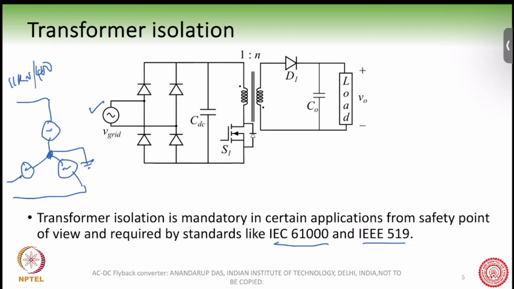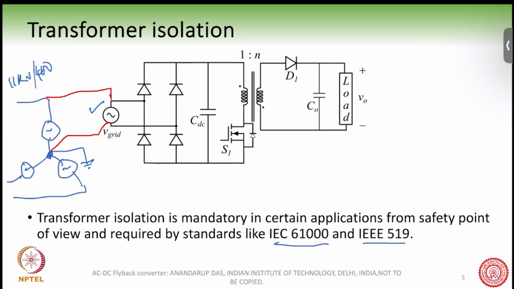Now let me change the color. Here this is forming the grid, which comes into the household, for example. This is how the circuit behind this single phase AC is.